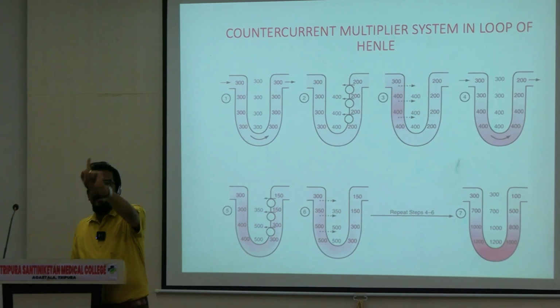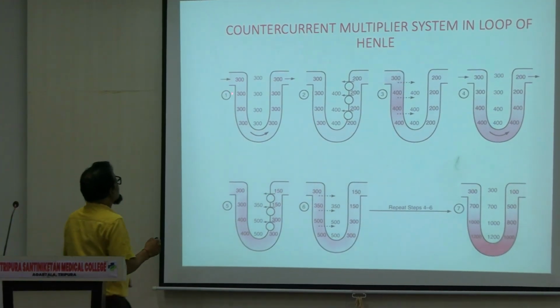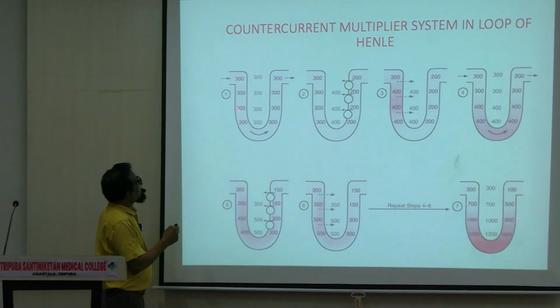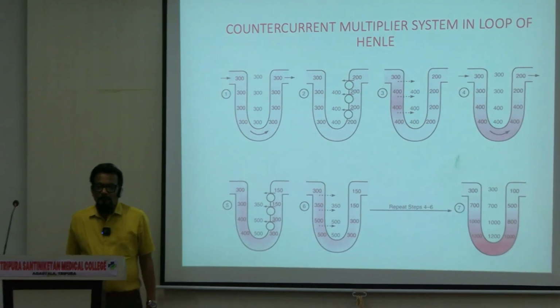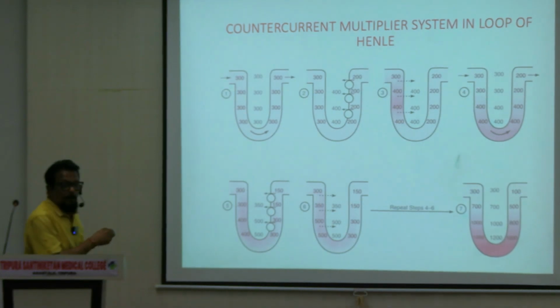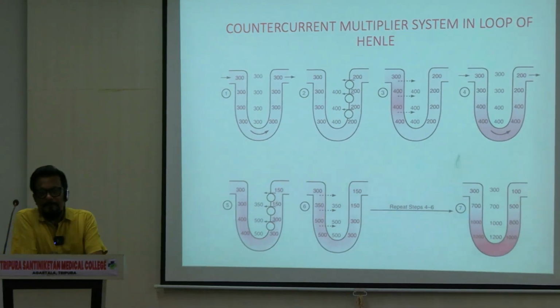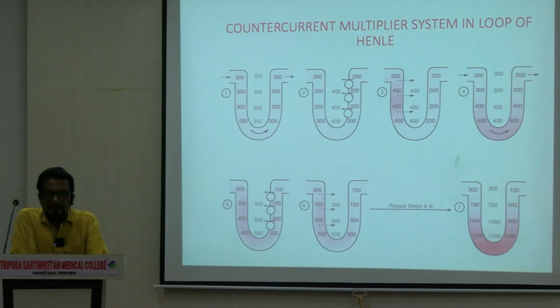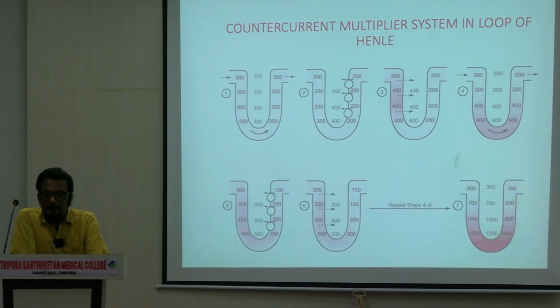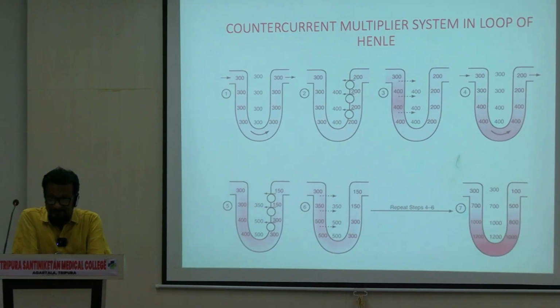One opposes the other's function. How? This descending limb of Henle is permeable to water but impermeable to the solute sodium chloride.